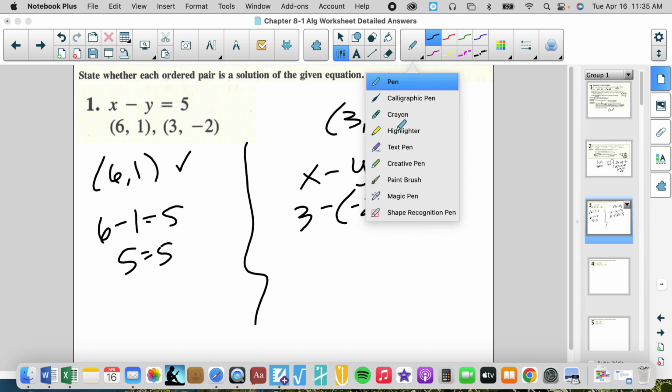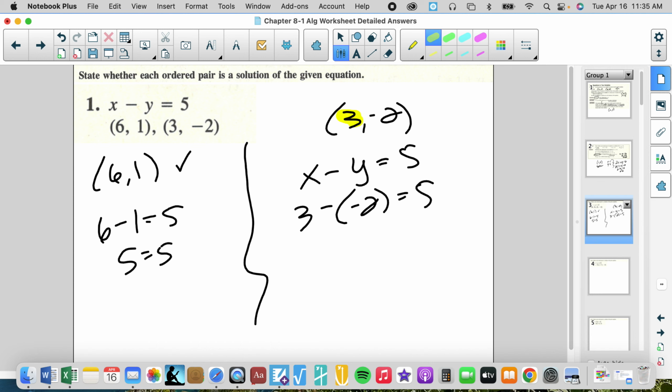So we're going to substitute 3 in for the x value. And then we're going to write the negative, and then we're going to substitute the y value, and then we're going to write the equal and the 5. Those are things that aren't going to change. The only thing that's going to change is my x value and my y value.